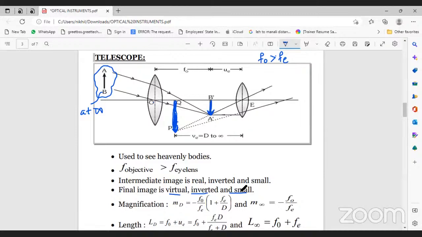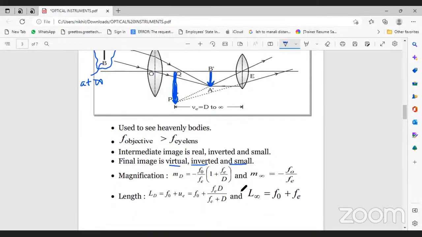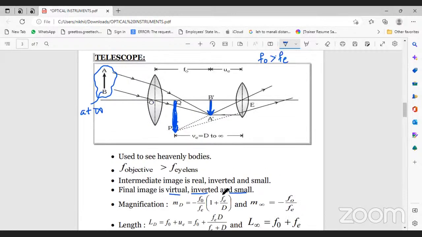Now, can you tell me what is the length of the tube here? In the compound microscope, what is the length? Image distance of the objective lens plus the object distance of the eyepiece, right? Now, in the case of a telescope, where is the object placed?